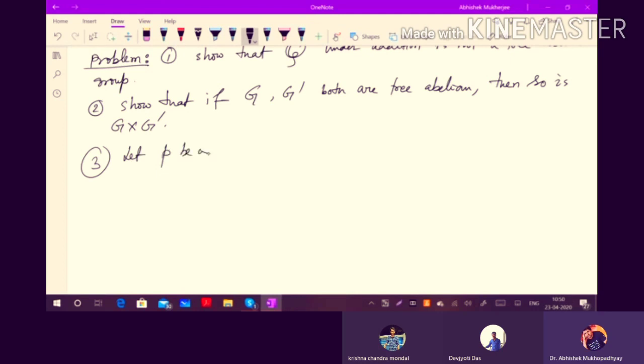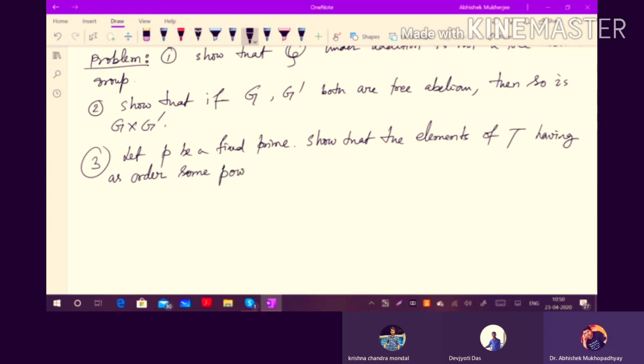Number three: let p be a prime so that the elements of T having as order some power of p, together with 0, will form a group.